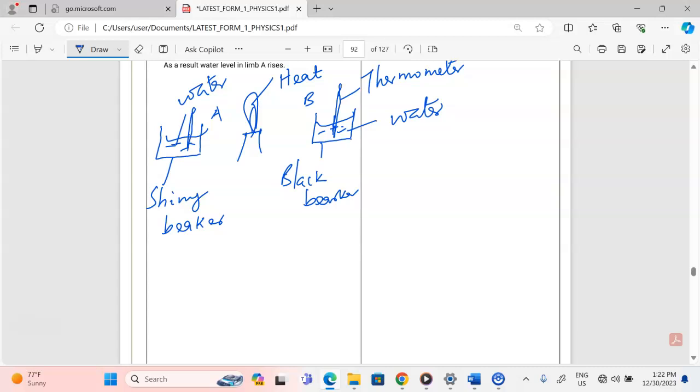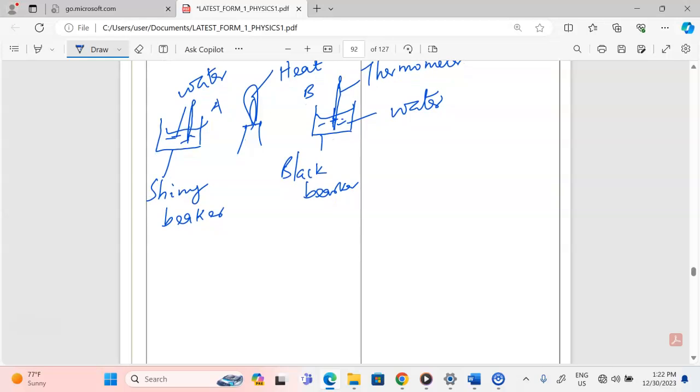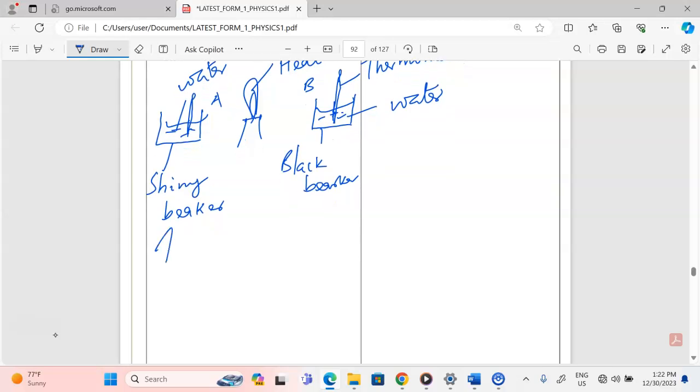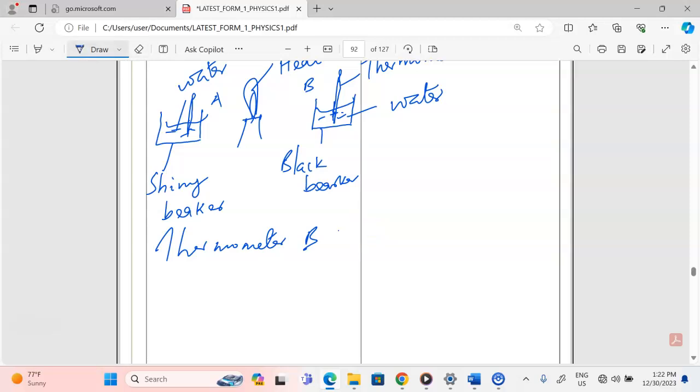Then we will say thermometer B. Thermometer in B will record a higher temperature.